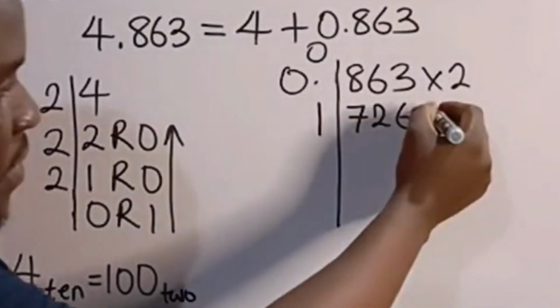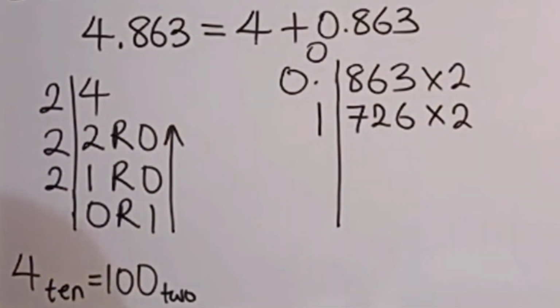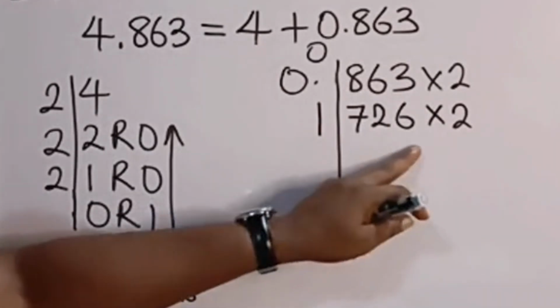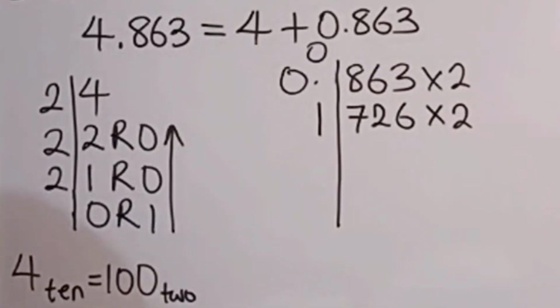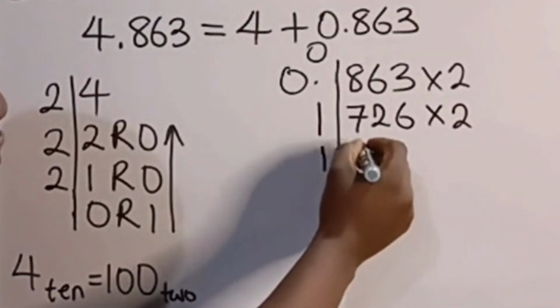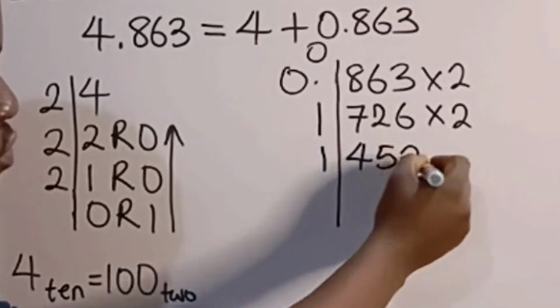And then we multiply again by 2. So 0.726 multiplied by 2. Since we've written the whole number, we are multiplying using 0.726. That gives 1.452. So we're going to write the 1 here, and 452 here.